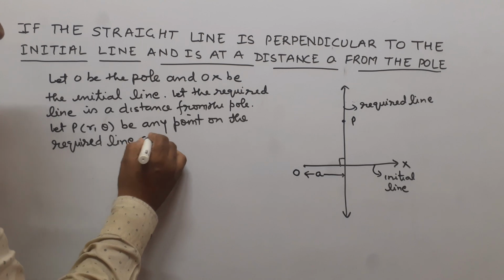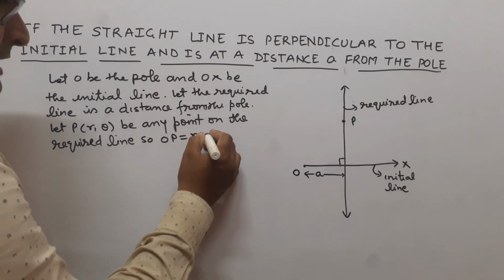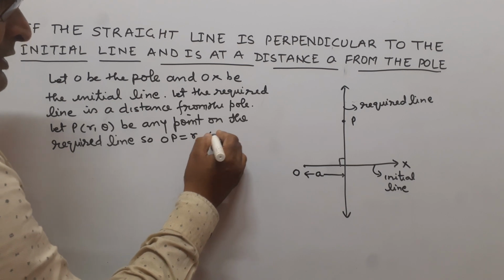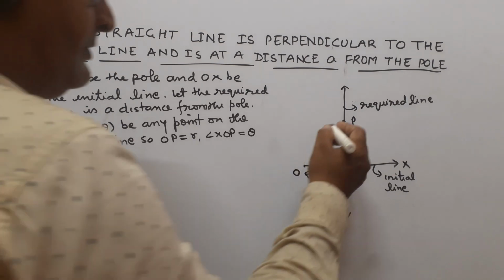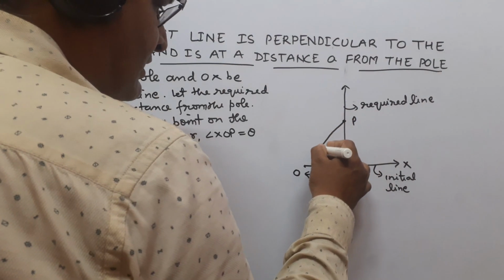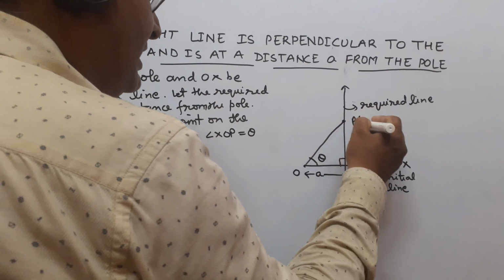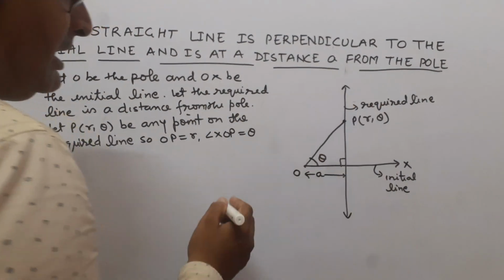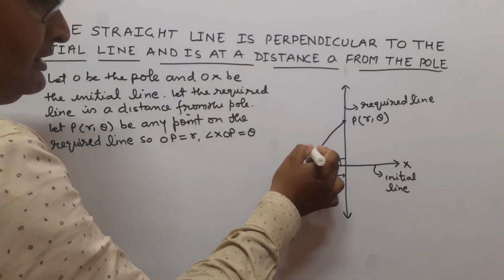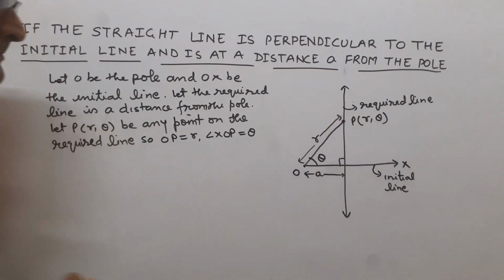So OP is equal to small r and angle XOP is equal to theta, because the polar coordinates of P are r and theta.